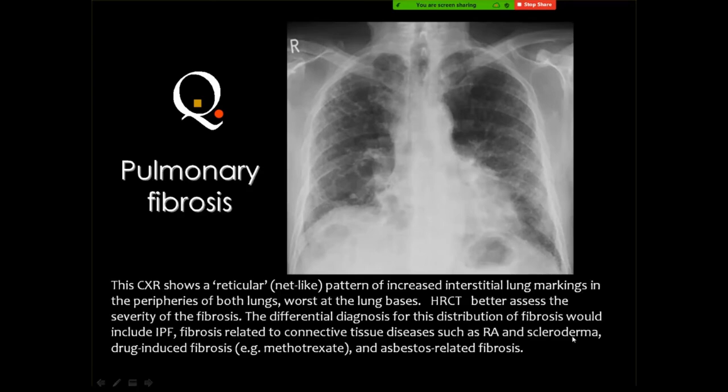If you have to differentiate this from others, you should have a high resolution CT to look for honeycombing, bronchiectasis, and other findings that can support your diagnosis or exclude it, and you look for another etiology.